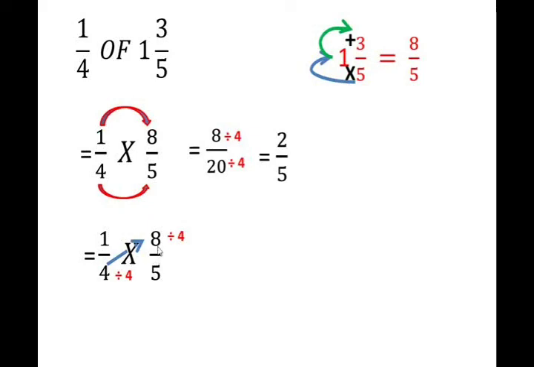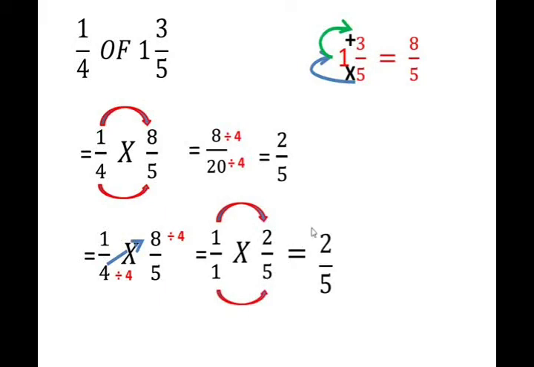There's a number that can go into the 8 and the 4. We cross simplify numerators and denominators across fractions when there is a multiplication operation. So here I have 1 times 2, because 8 divided by 4 is 2. And I have 1 times 5, because 4 divided by 4 is 1. So now 1 times 2 is 2 and 1 times 5 is 5. And I end up with the same answer as 2/5.